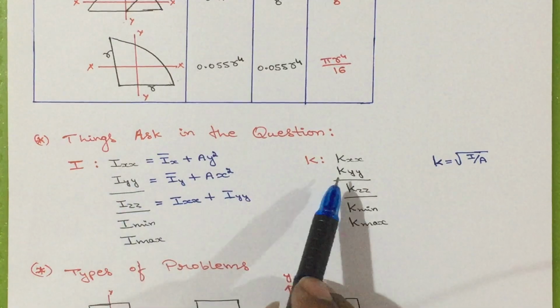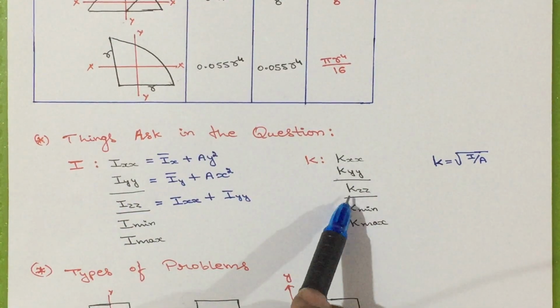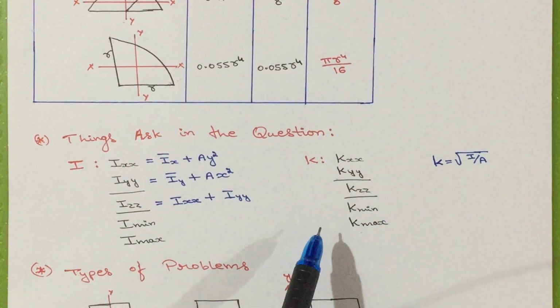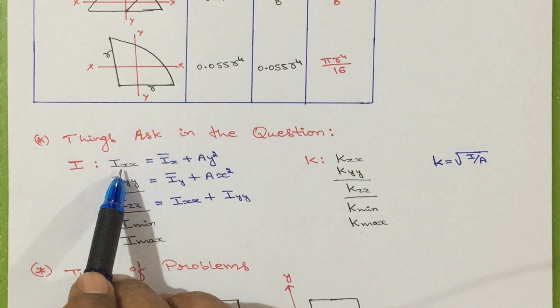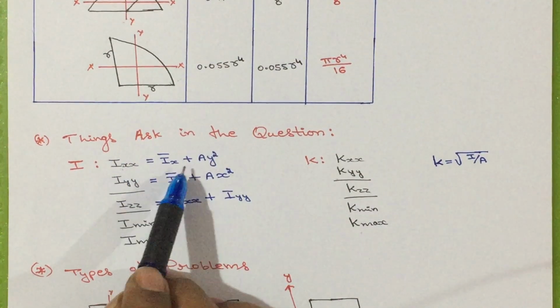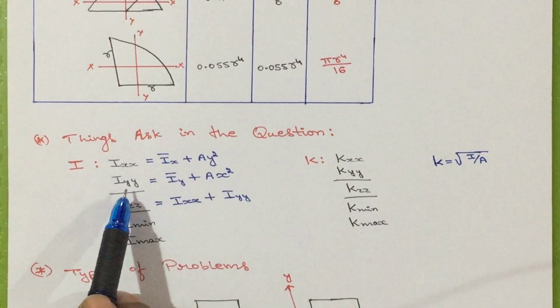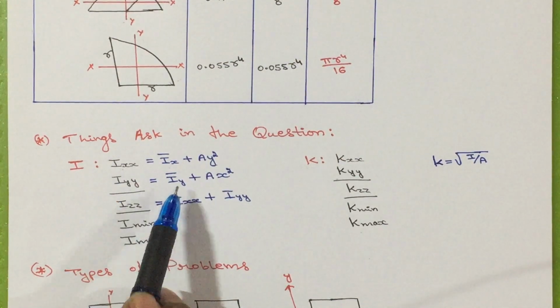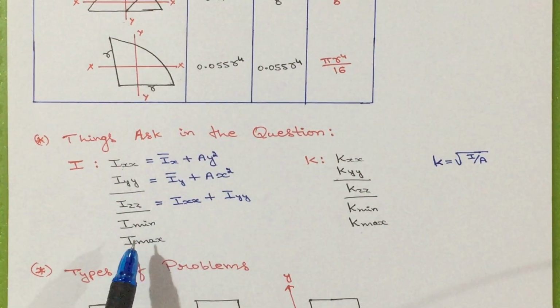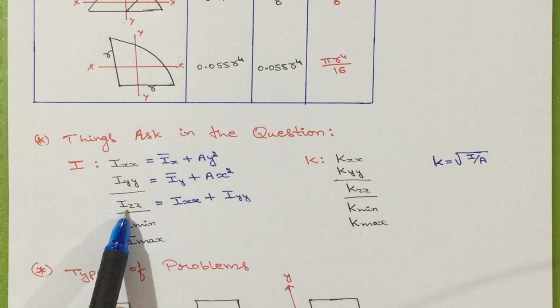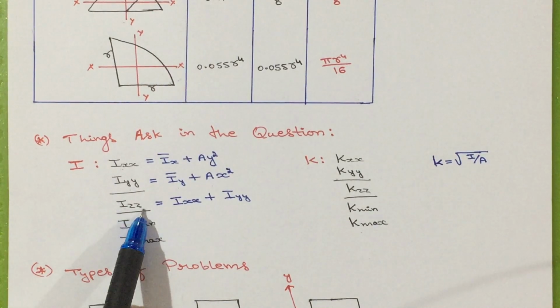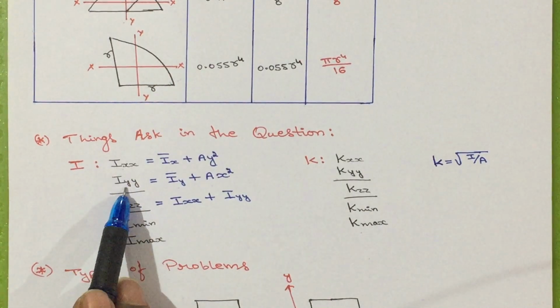In k, respectively, kxx, kyy, kzz, k minimum, k maximum. Ixx is given by I x bar plus A into y square. Iyy is given by I y bar plus A into x square, whereas Izz, that we are going to call as polar moment of inertia, Izz is given by Ixx plus Iyy.